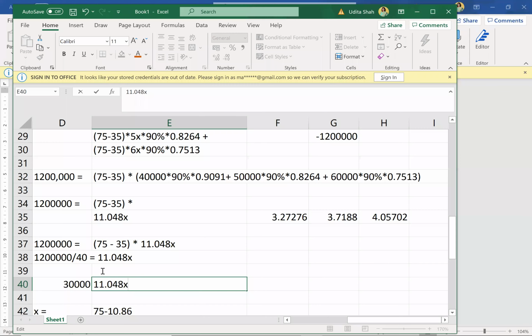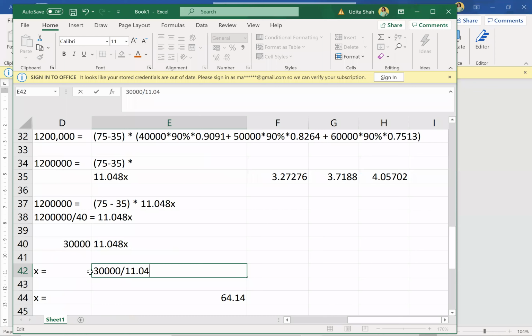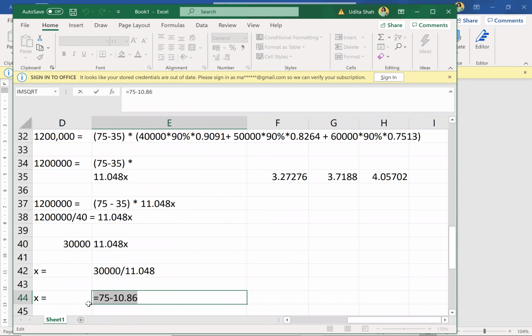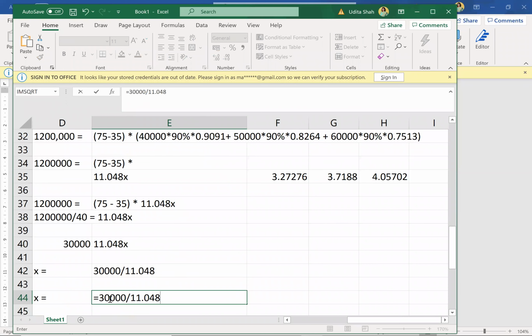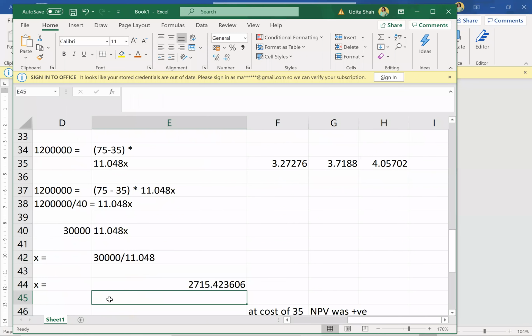So x equals what? 30,000 divided by 11.048. So x will be 2715.